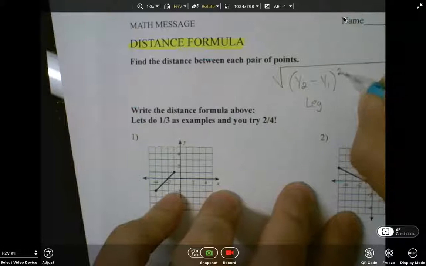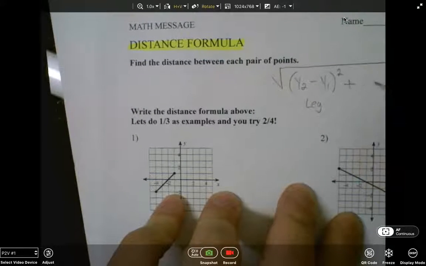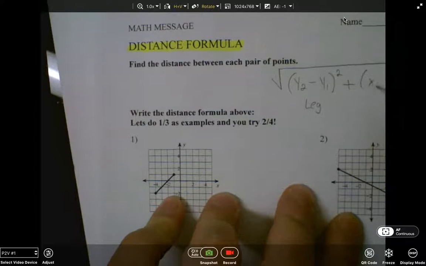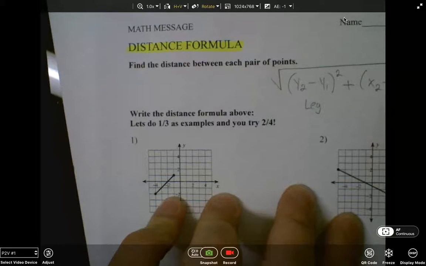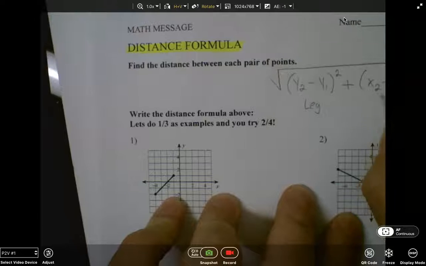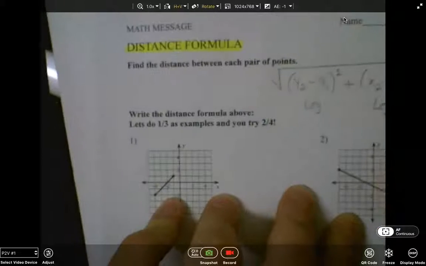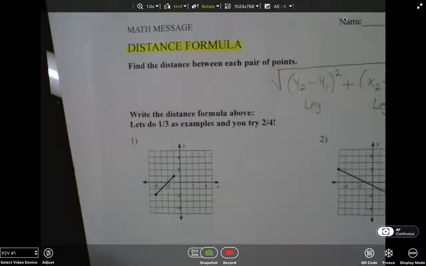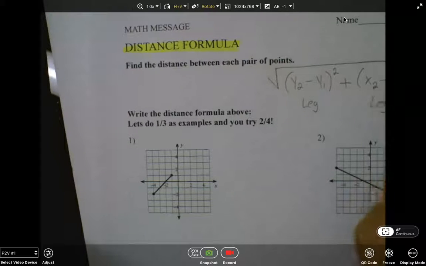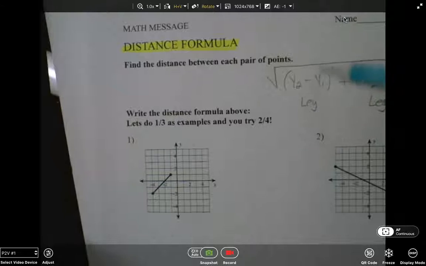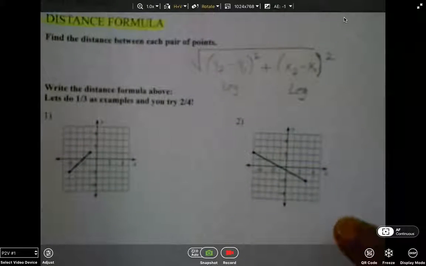That's squared, plus your change in x, which is x2 minus x1, squared, your second leg. That's your run, the horizontal version of your leg, and this is your rise, the vertical version of the leg.